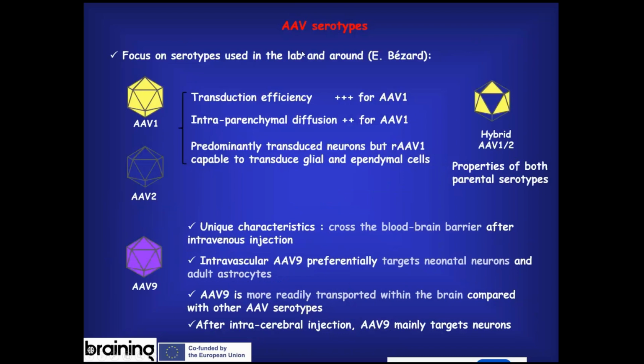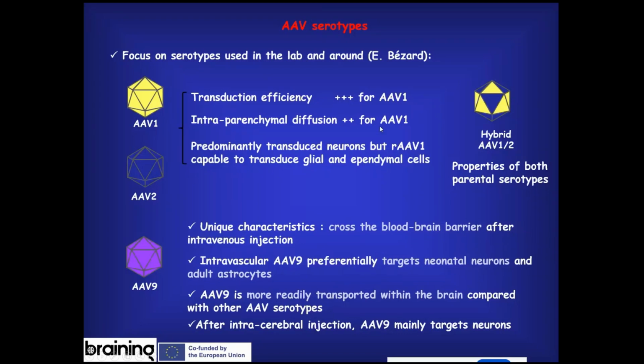So normally, we can focus on the serotypes that are normally used in the labs, also together in neuroscience: AAV1, AAV2, and AAV9. The first ones widely used were AAV1 and AAV2. Why? Because the transduction efficiency is much higher for AAV1.